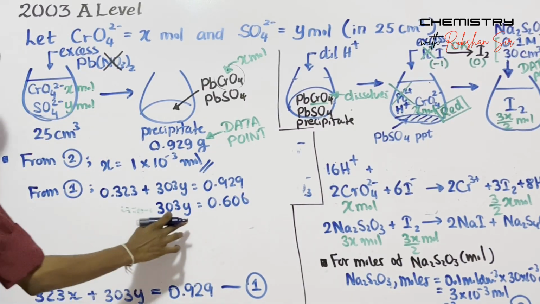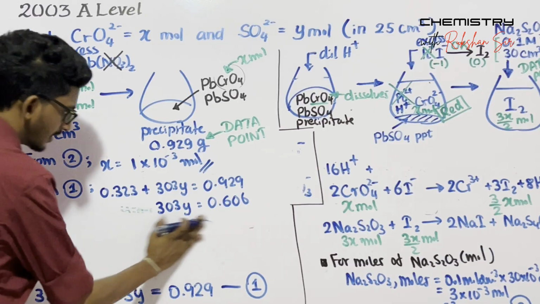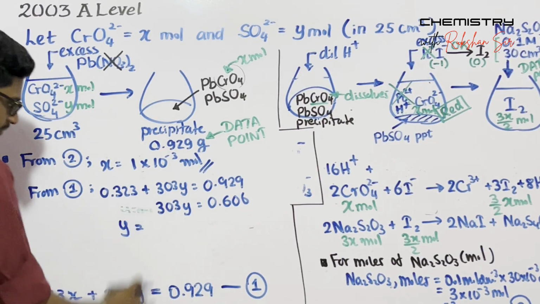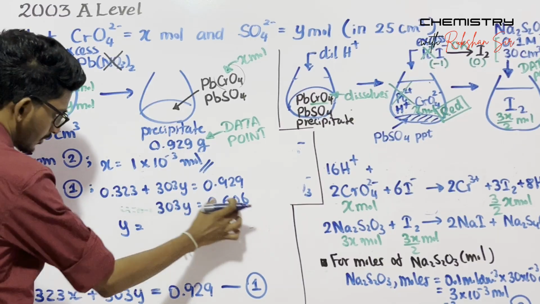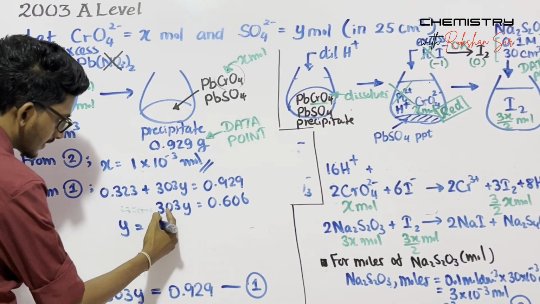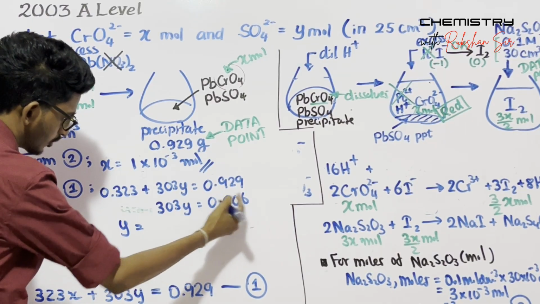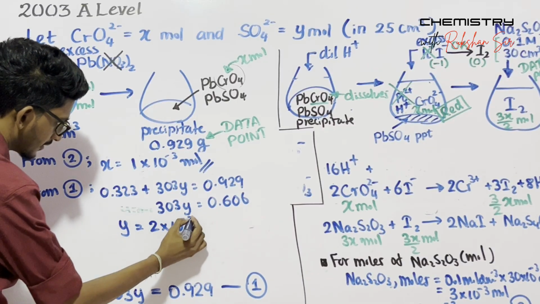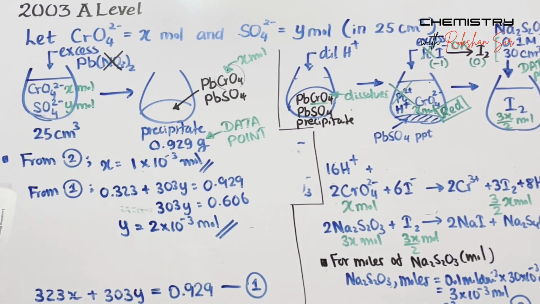That means y is equal to this divided by this value, so that is 0.002, that is 2 into 10 to the power minus 3. Those are two values for the x and y.